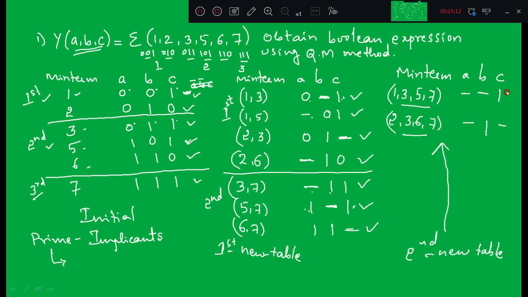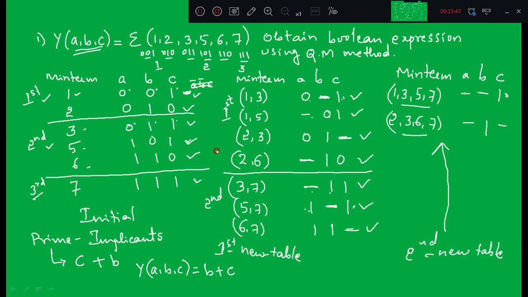Since C is equal to 1, write C, and in the second group B is 1, so write B. That means my final expression for the given function is B plus C. I hope this is clear to you people. If it is not, then please go back, rewind the video and see.